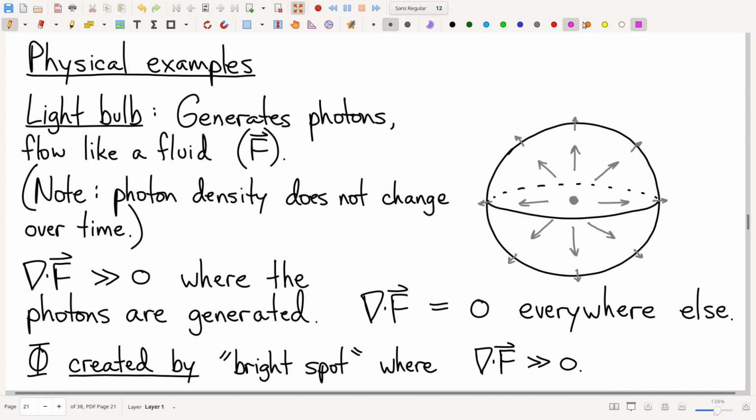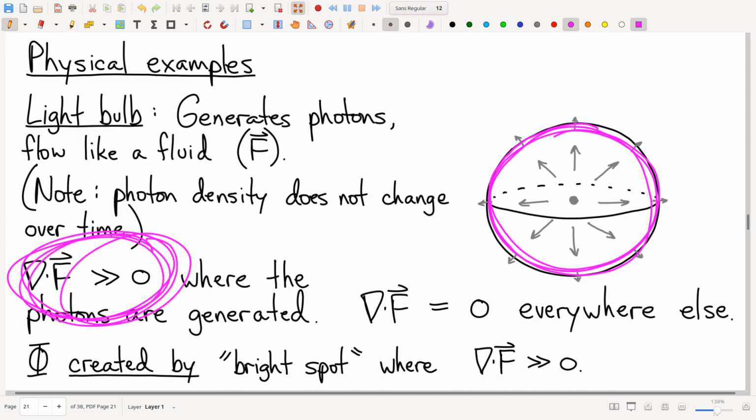If you were to compute the flux on this outer sphere here, yeah, that's a lot of flux. Where is the flux coming from? The flux consists of flowing photons. They came from the bulb, right? And divergence is the thing that points right to where that flux actually came from. Everybody buy it? So I think it's a nice example to kind of chew on. It really does conjure the right image.